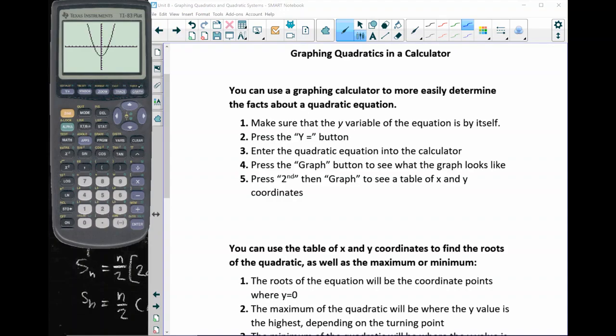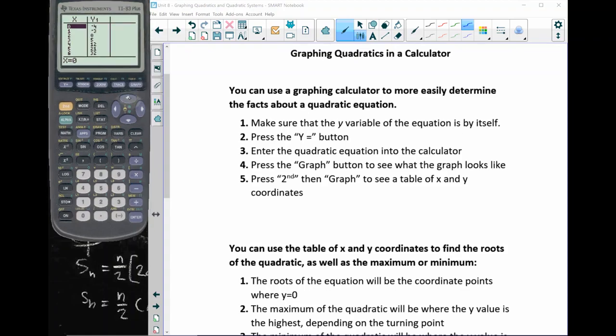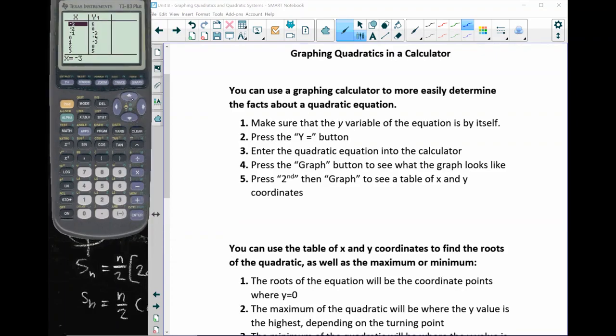But what's more important is that we can hit second, and then graph, and we can see a table of values, okay? And this table of values makes it very easy for us to input values into a pre-written table.